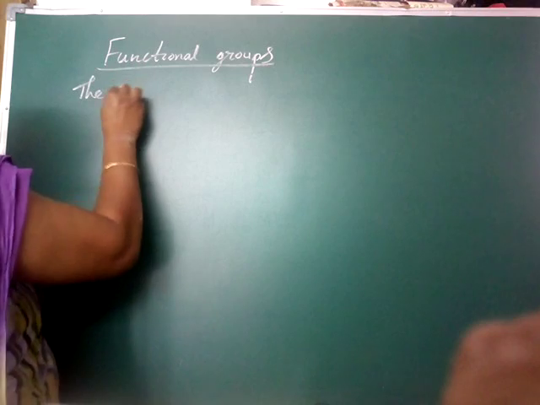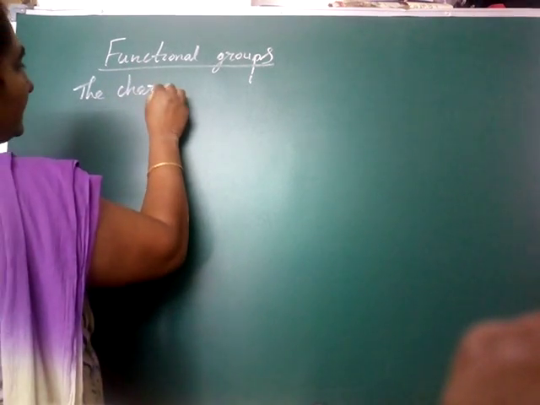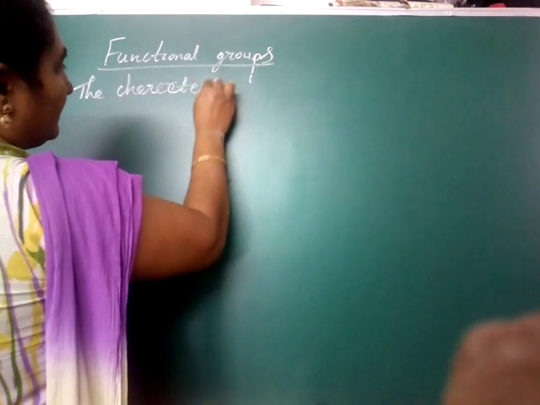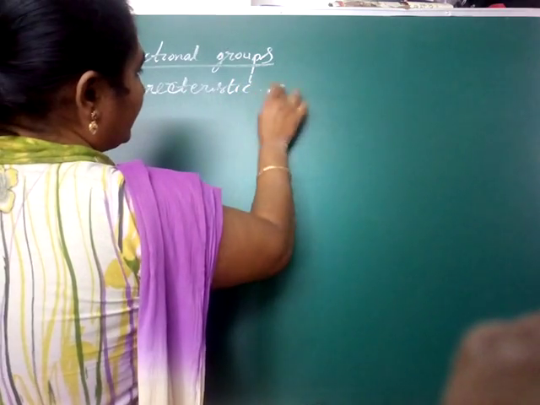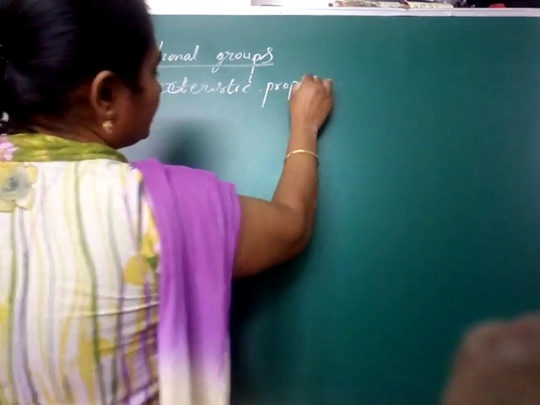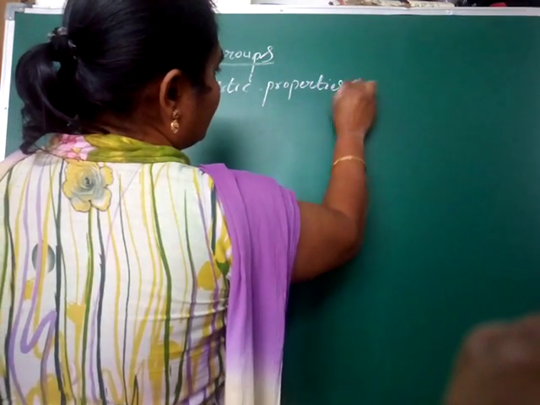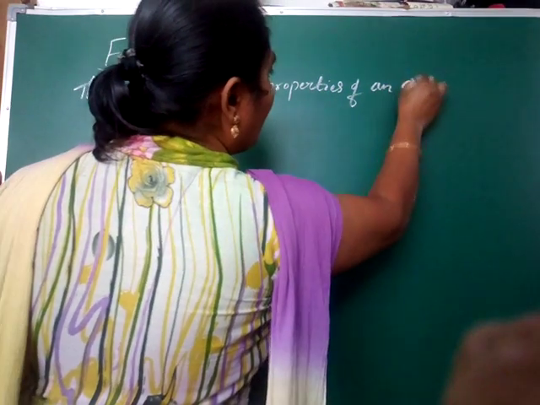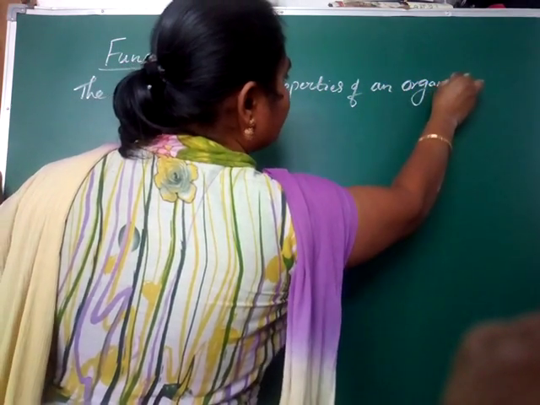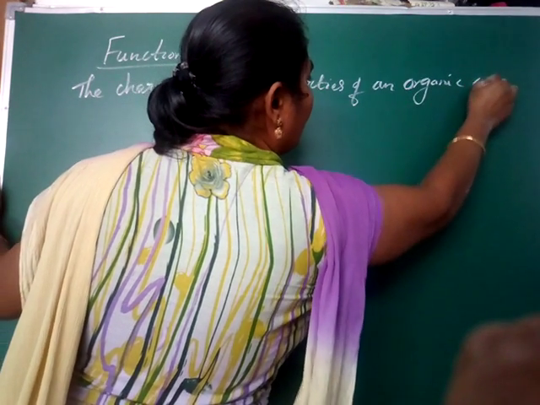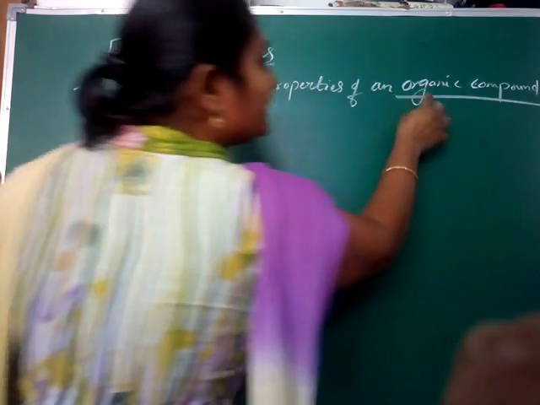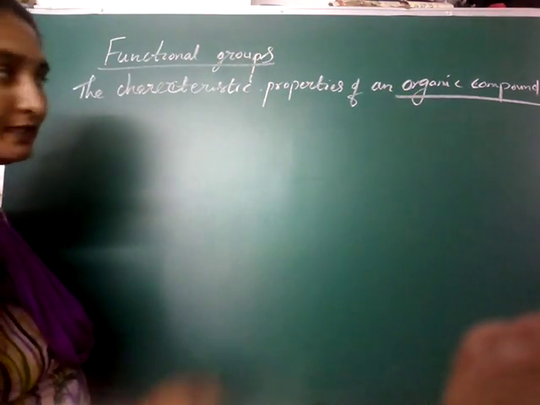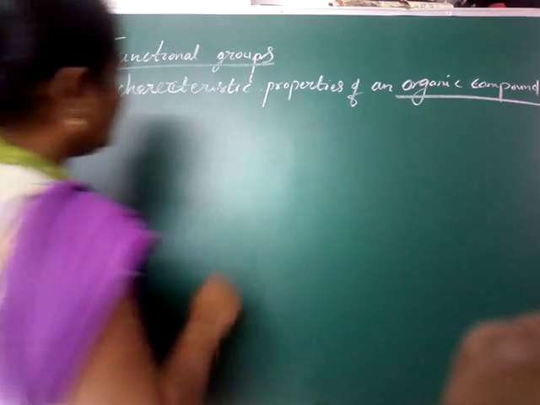I am writing the definition. The characteristic properties of an organic compound. Mainly it is telling about organic compounds only, that's why I am writing it in the definition.